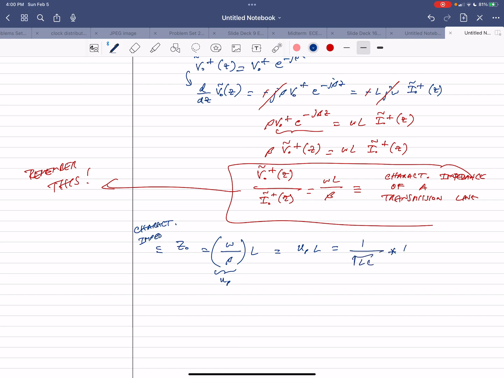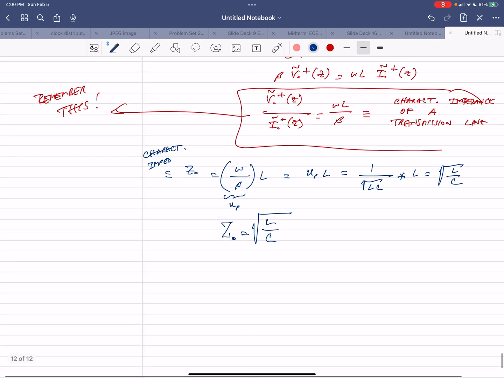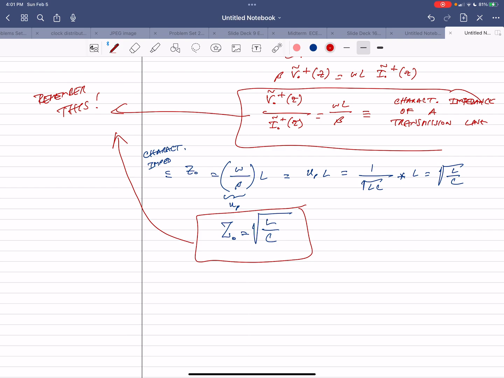Multiply that by L, and I get square root of L over C. So in a lossless transmission line, the characteristic impedance is going to be square root of L over C. Remember this. This is a very important function.